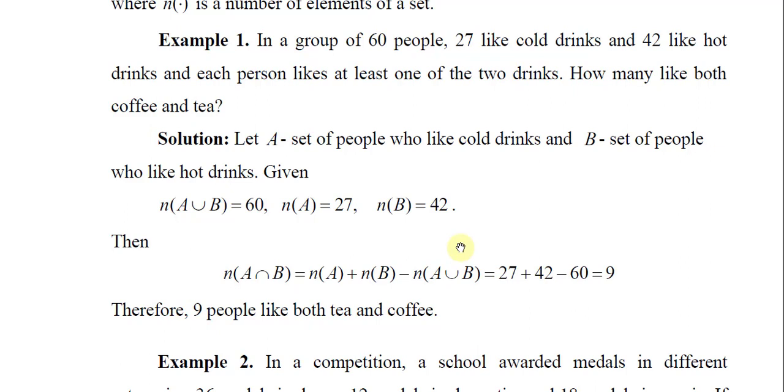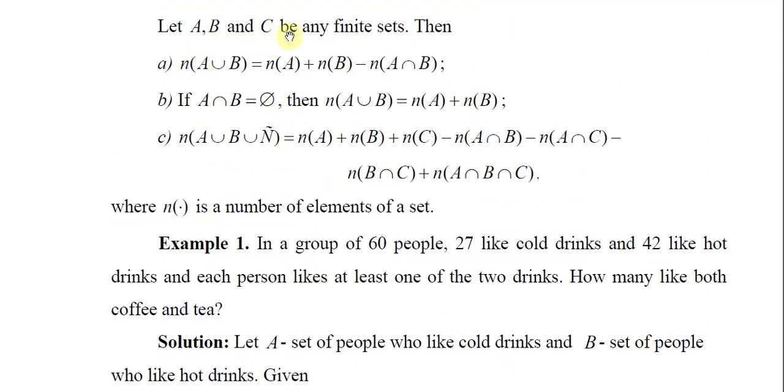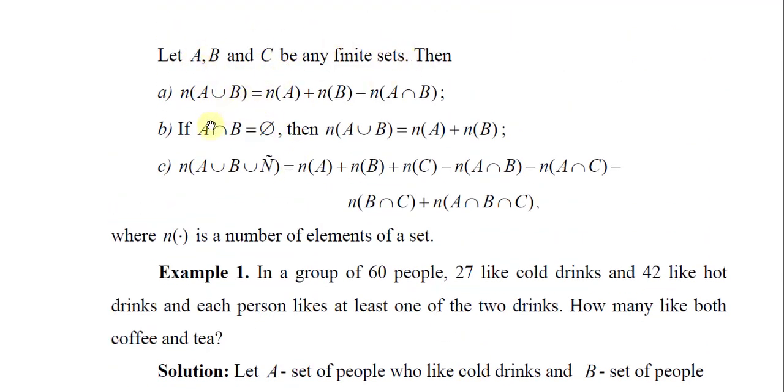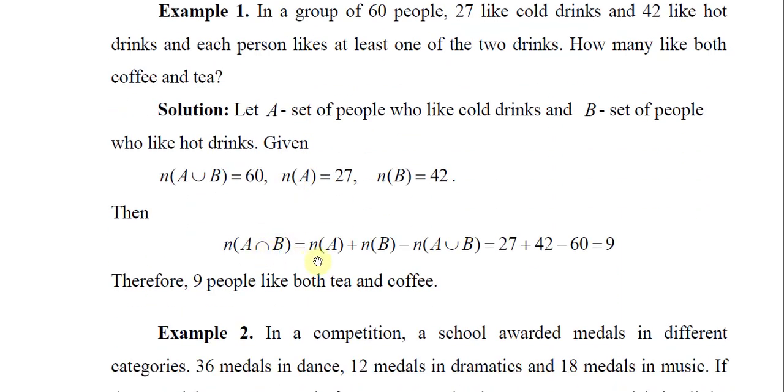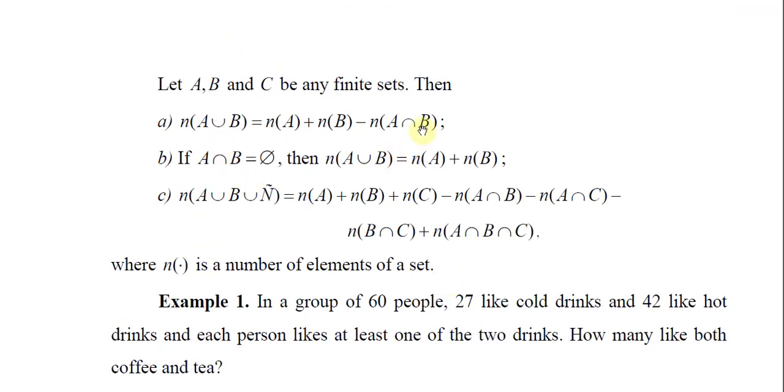To find how many like both of them, we need to use the equation which we showed here. So n(A intersection B) is n(A) plus n(B) minus n(A union B) from the first one.